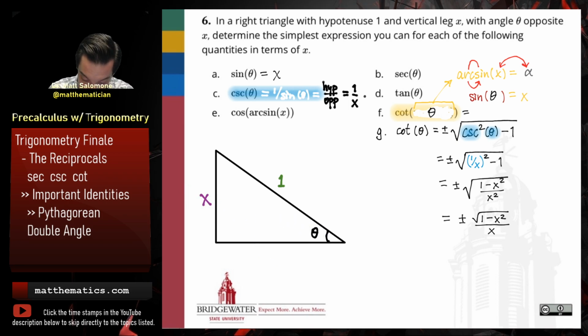By the way, the length of this adjacent side, according to the Pythagorean theorem, is the square root of 1 minus x squared. And so the tangent is going to be x divided by the square root of 1 minus x squared. And so the tangent is definitely positive, and therefore the cotangent is also positive.